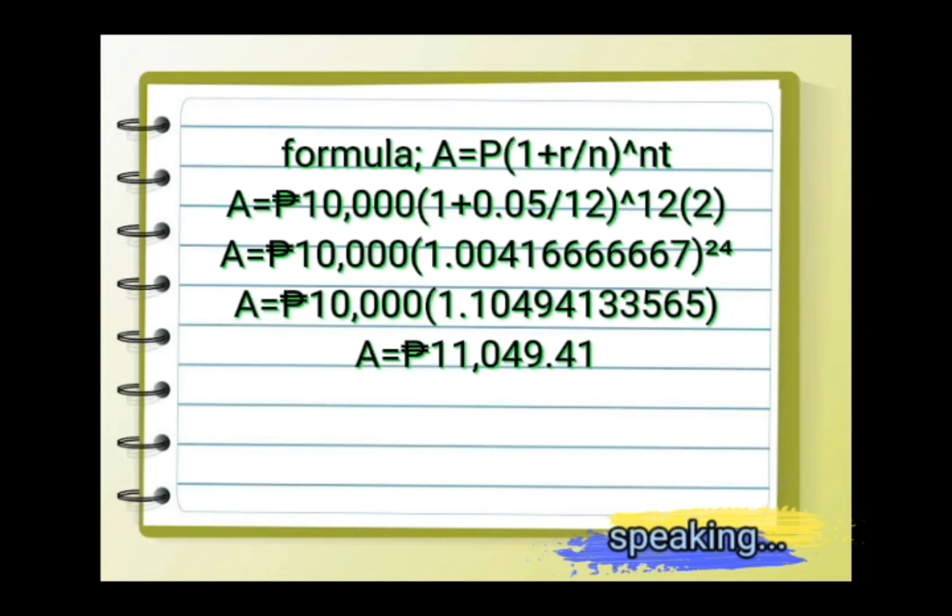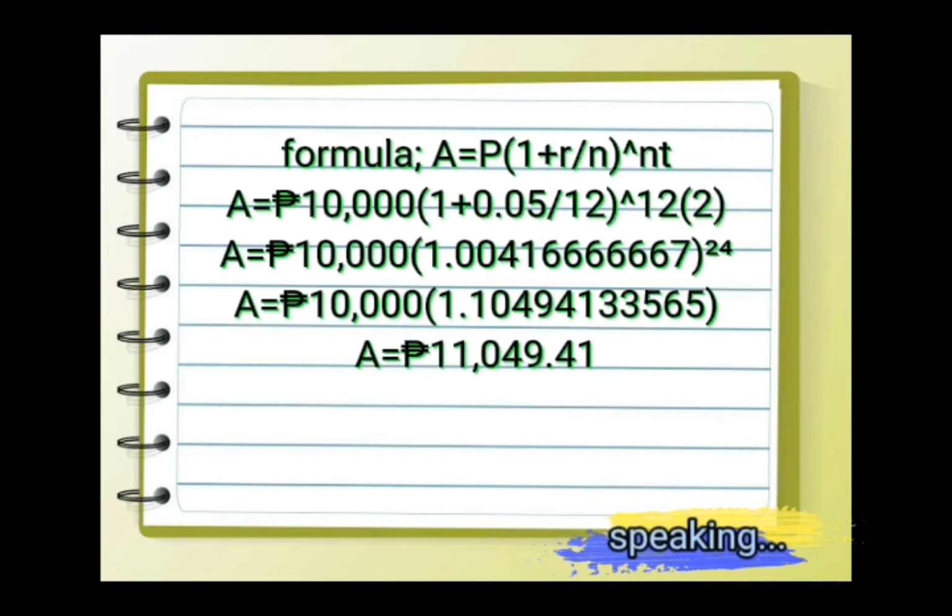To sum it up, A equals 10,000 pesos times the quantity 1 plus 0.05 over 12 raised to 12 times 2. Next, we need to simplify all the numbers inside the parentheses. So 1 plus 0.05 over 12 is 1.004166666667.